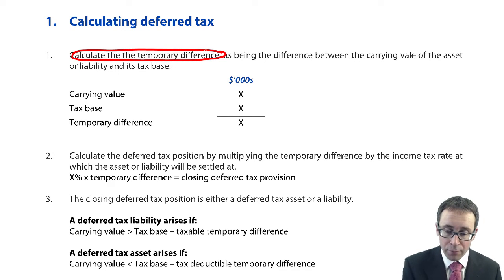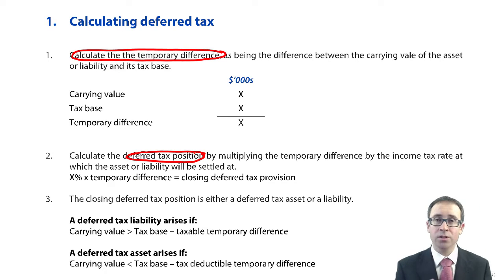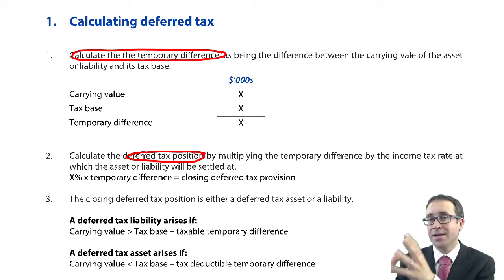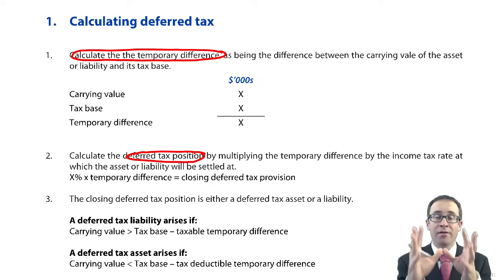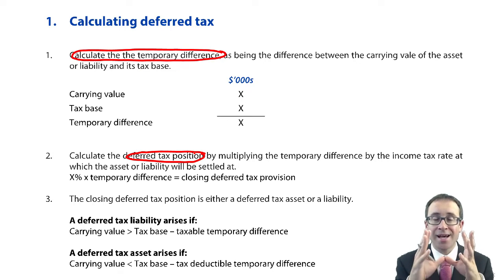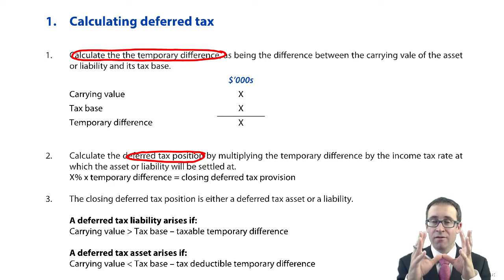Once you'd worked out your temporary difference, you then worked out your deferred tax position. So remember, everything now under International Financial Reporting Standards is based upon a position focus, isn't it? So here we're working out a tax expense in profit or loss by focusing on the tax asset and liability. So very much position focused.